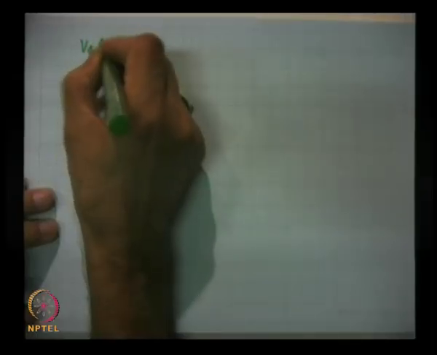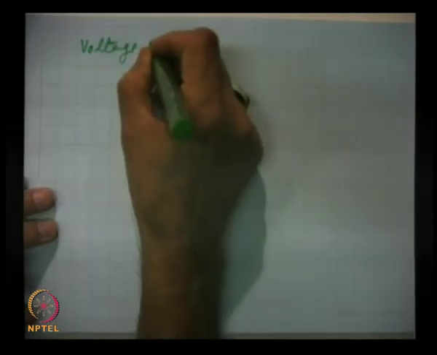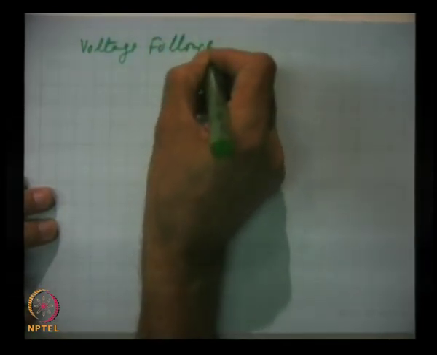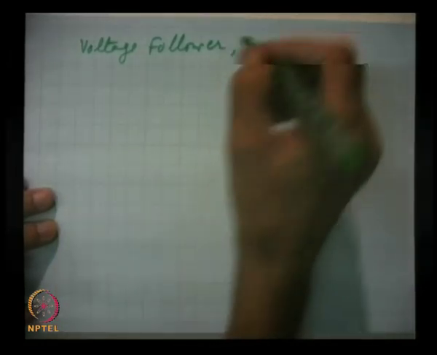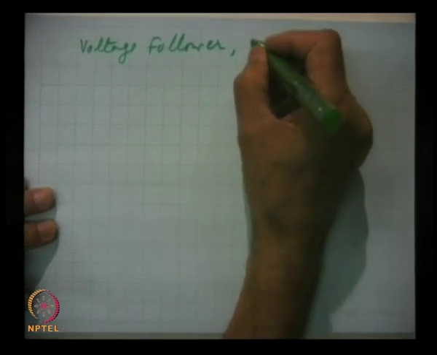Now there are some other forms of the amplifiers which are small modifications over these inverting and non-inverting ones, which are also widely used. So let us take one or two cases. The case of a voltage follower, for example. Voltage follower, this is one, and another one which we can study is current to voltage converter.